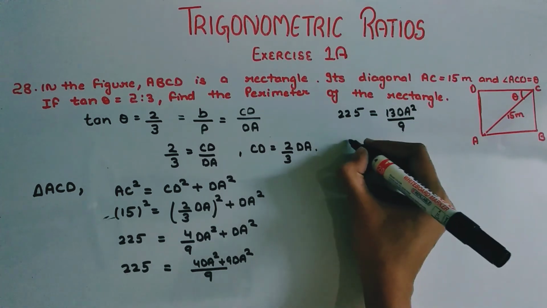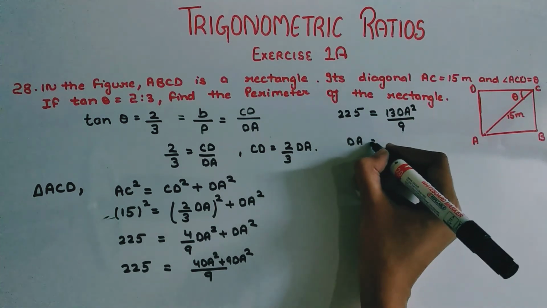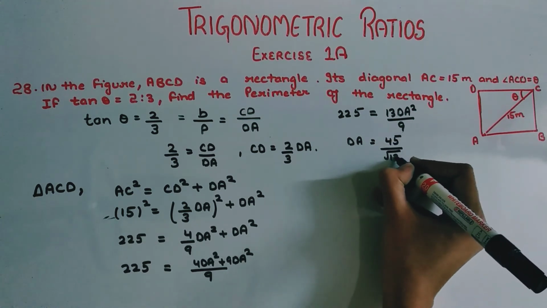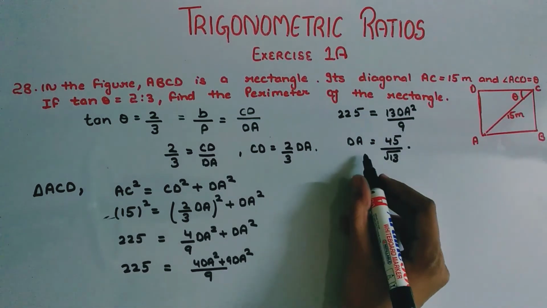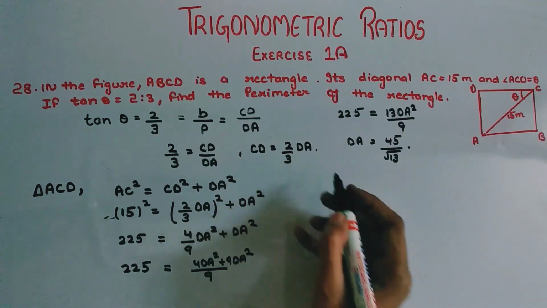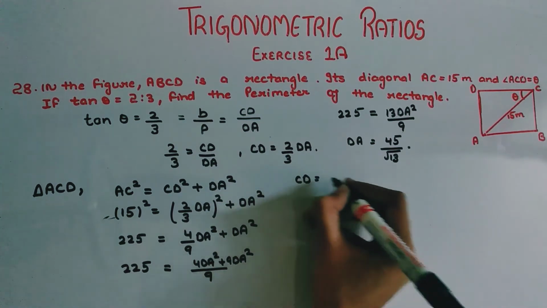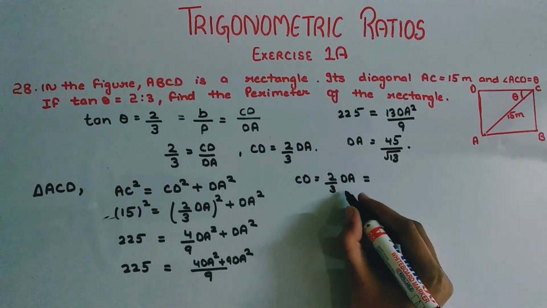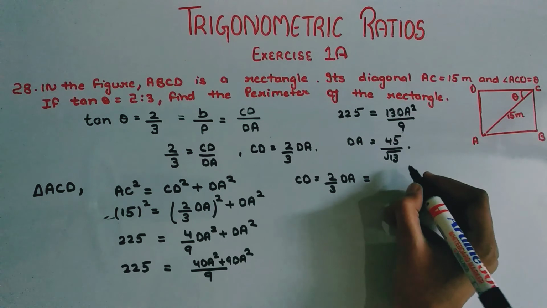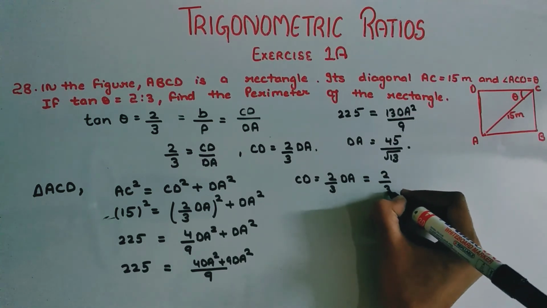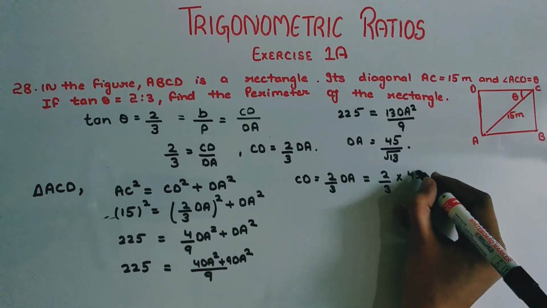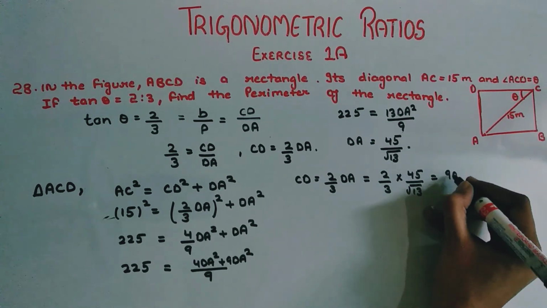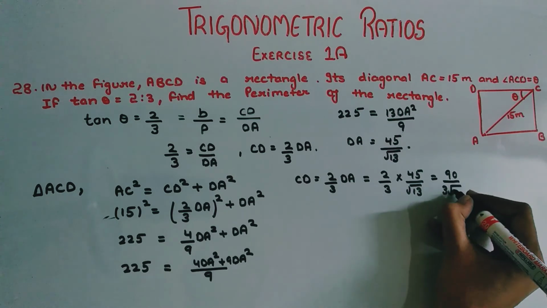By solving this we will have value of DA, that is equal to 45 divided by root 13. We have value of DA. Now we can find the value of CD. We know that CD is 2 by 3 multiplied by DA, but we have value of DA, that is 45 by under root 13, that is 2 by 3 multiplied by 45 divided by root 13, that is equal to 90 divided by 3 root 13.